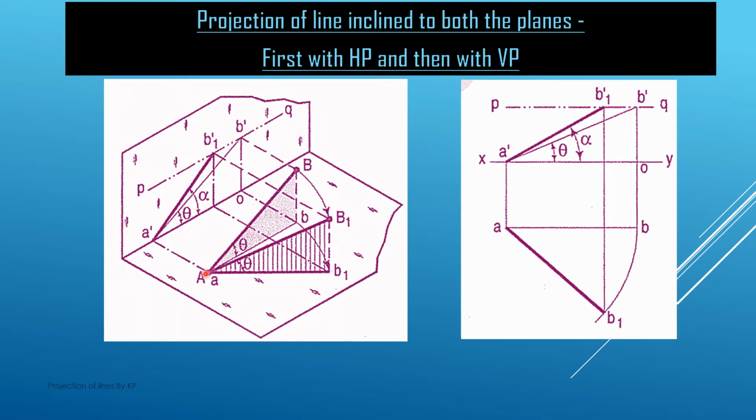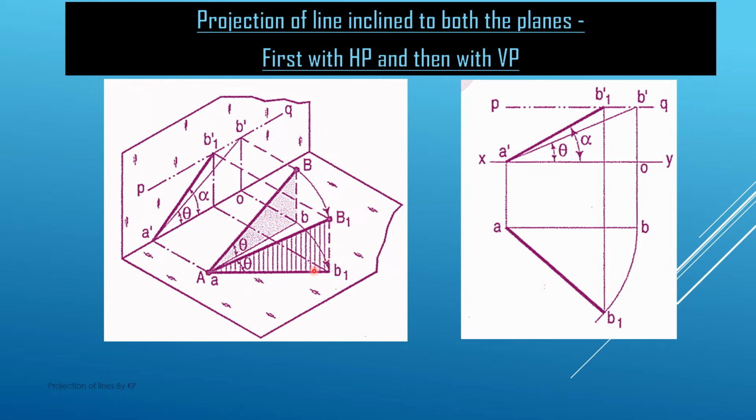So with A as center, we rotate this line to a new position from B to B1 by an angle of phi, because this line AB1 is now making an angle phi with the vertical plane. If we see the projection on the horizontal plane, this B point will now rotate from B to B1 position, and the angle between B and B1 is again phi, and the horizontal inclination of the line AB and AB1 is theta, the same.